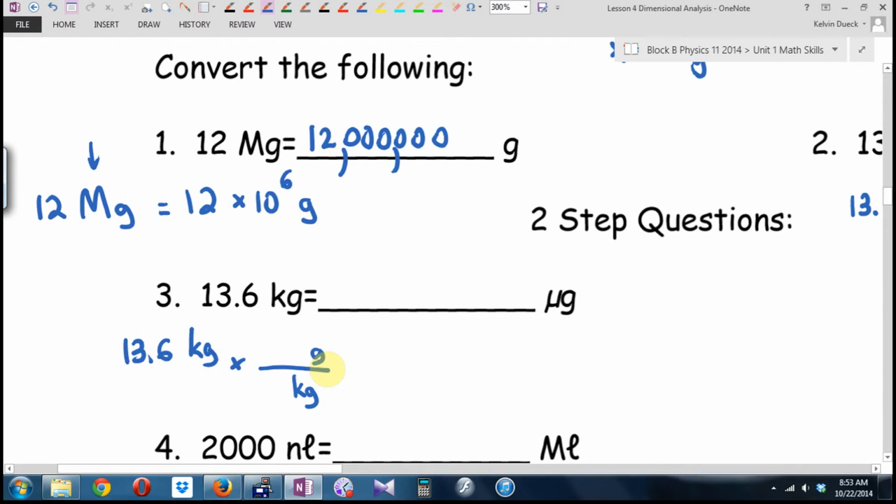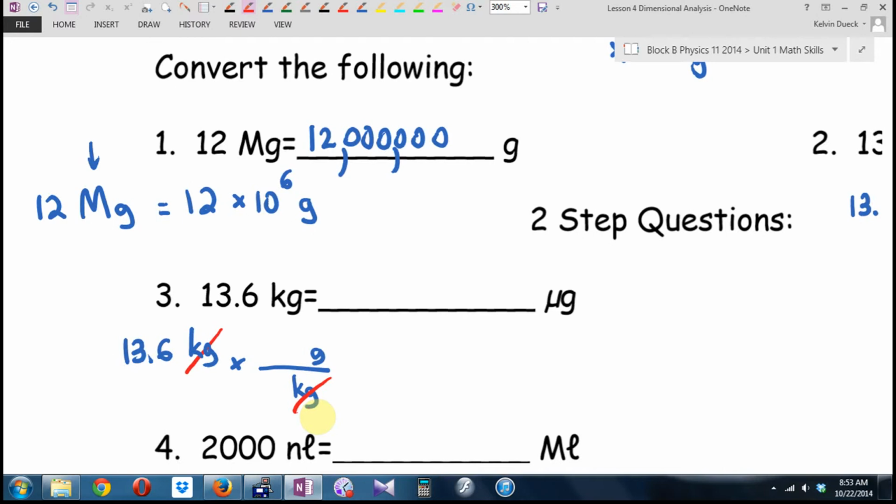Now, why did I do that? Because ideally, if I set this up correctly, this kilogram and this kilogram will cancel. That's why, since kilograms originally were next to the 13.6 and on the top of a fraction, because technically it's all over 1, I put the kilograms in the bottom of the next fraction, and I matched it with its base units. Now, this is going to sound confusing.